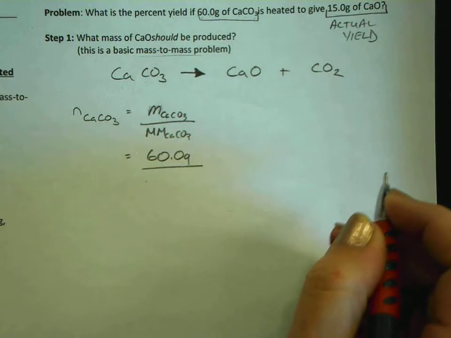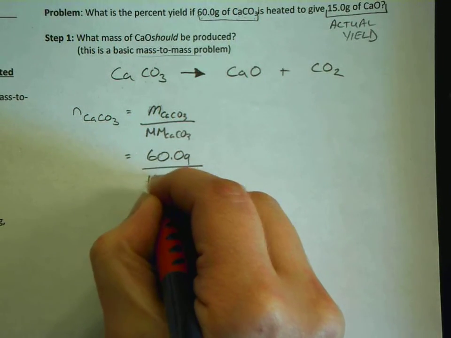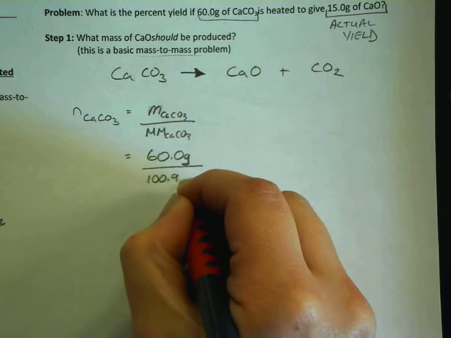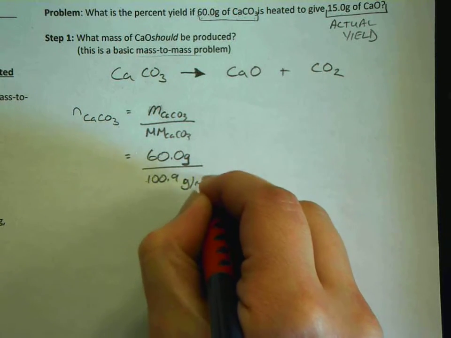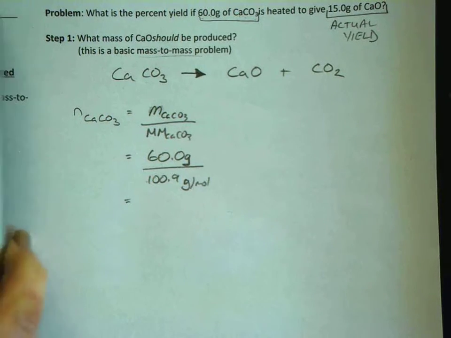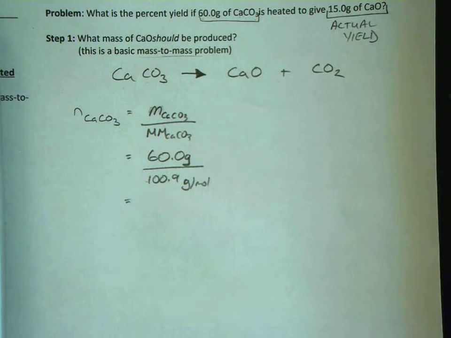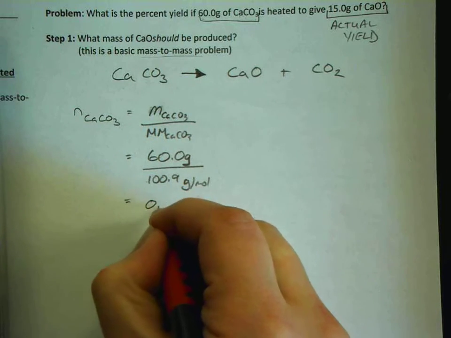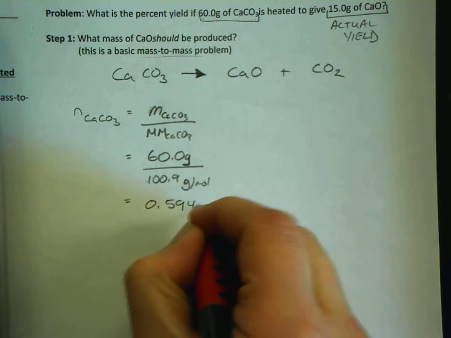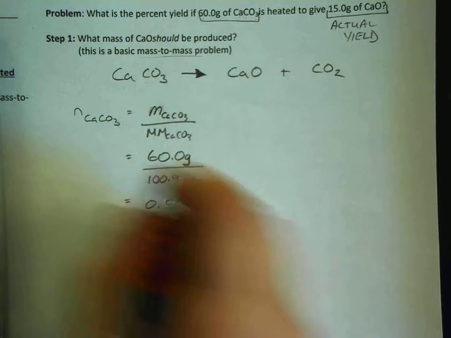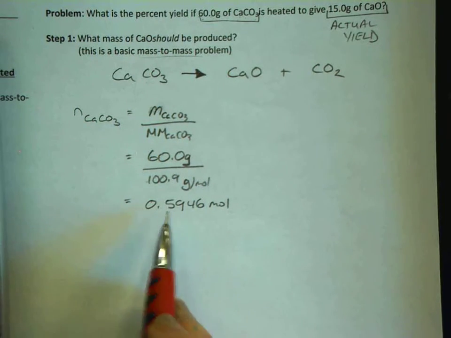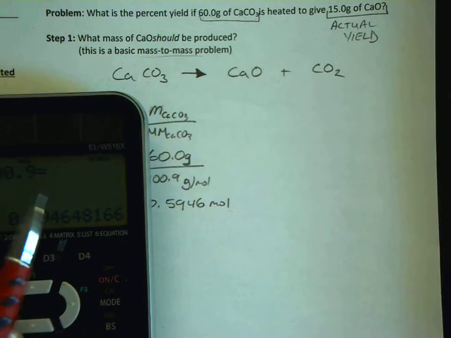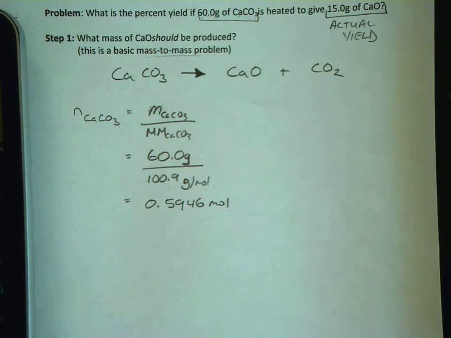The molar mass of calcium carbonate happens to be 100.9 grams per mole. So that means the moles are 60 divided by 100.9, which is 0.5946 moles of calcium carbonate. I'm going to keep lots of decimal places as I go, and keep the number on my calculator so that I can be as accurate as possible.